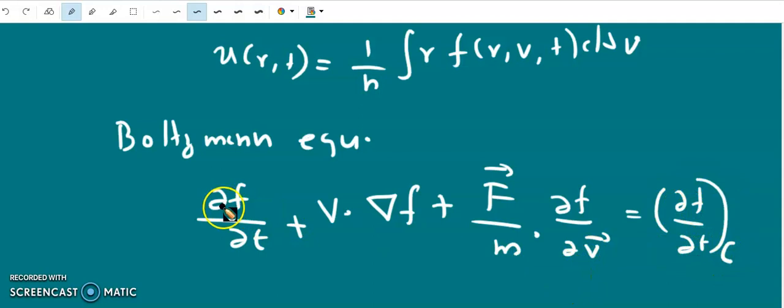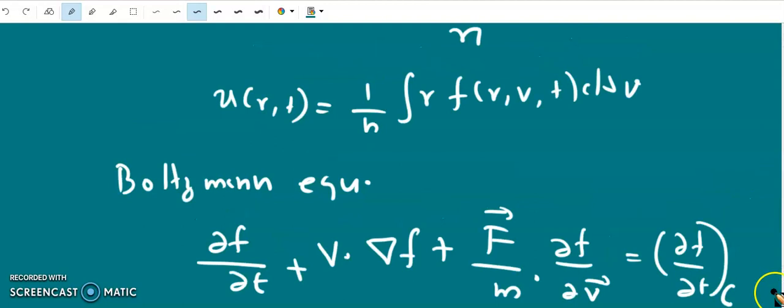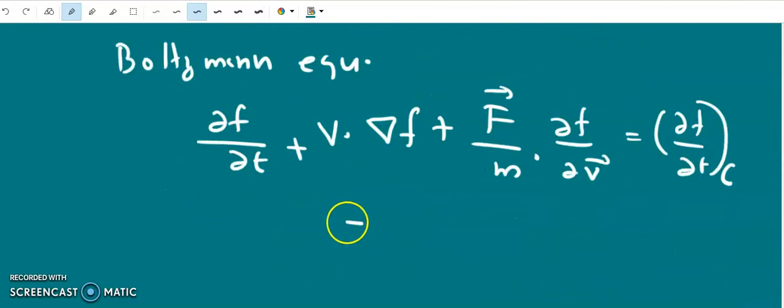This is the Boltzmann equation, where capital F is the force acting on the particle.